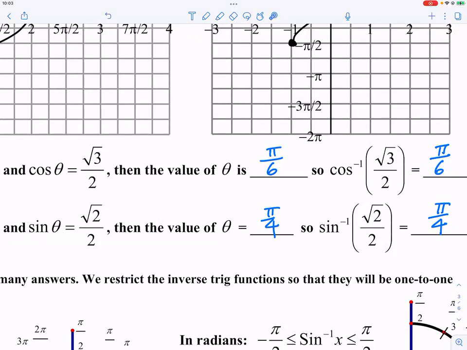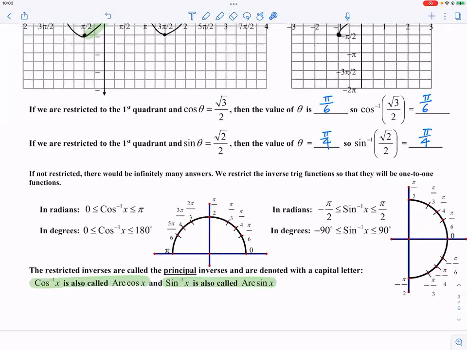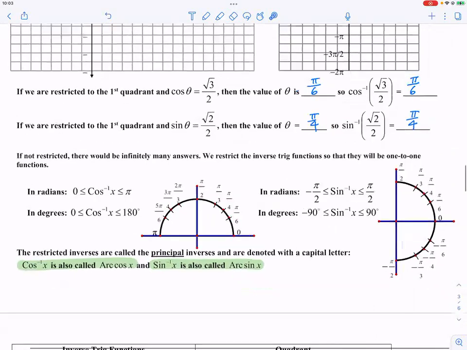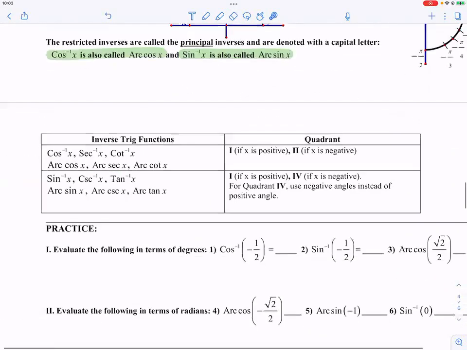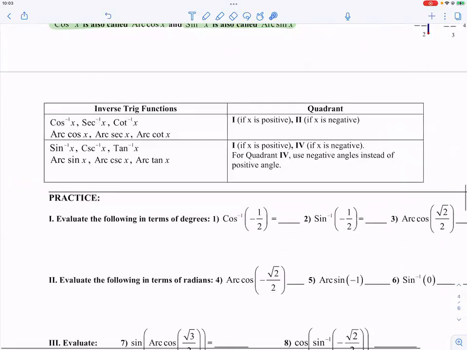That's why last semester I put an extra bit of effort to tell you guys, make sure you know the identity of those numbers. Is it an angle or is it a ratio?